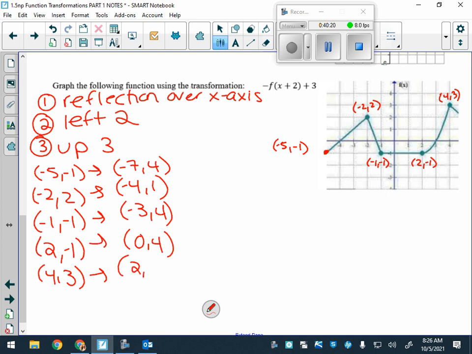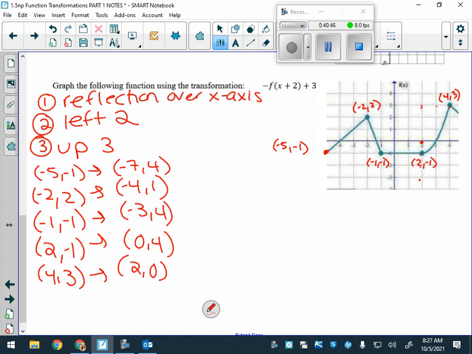Good. Okay. So how to get those? For example, 4, 3. I move to the left 2. I'm now at 2. If I reflect it, then 2, 3 now becomes 2, negative 3. But I have to move up 3. 1, 2, 3. So I end up there. Okay? Any questions?